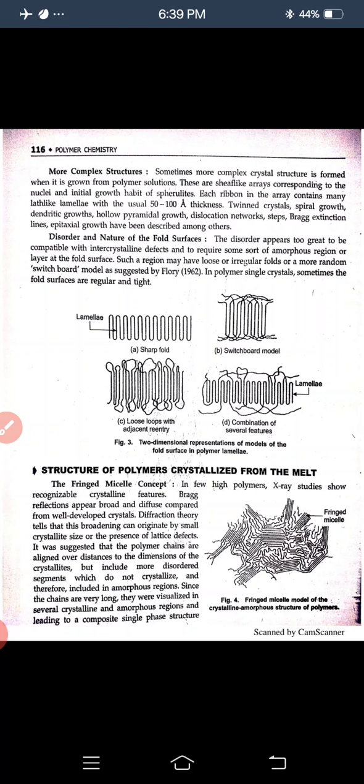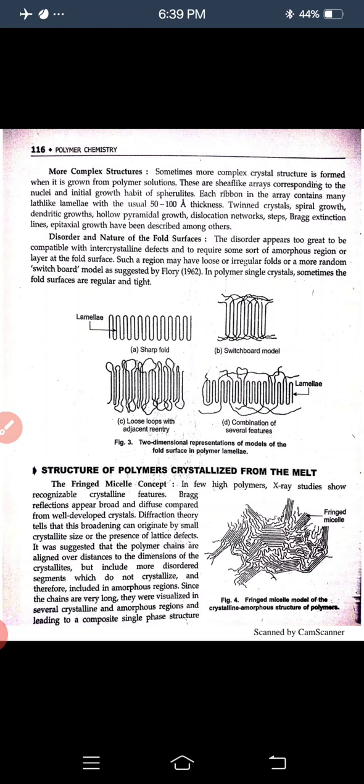Disordered nature of the fold surface. The disorder appears too great to be compatible with intrinsic crystalline defects and requires some sort of amorphous layer at the fold surface.